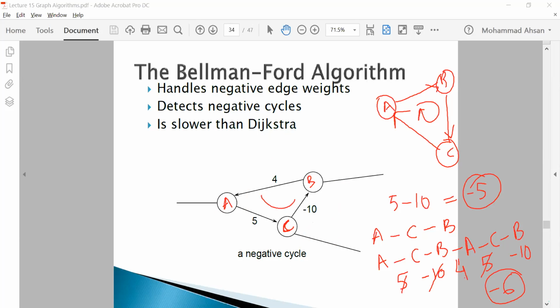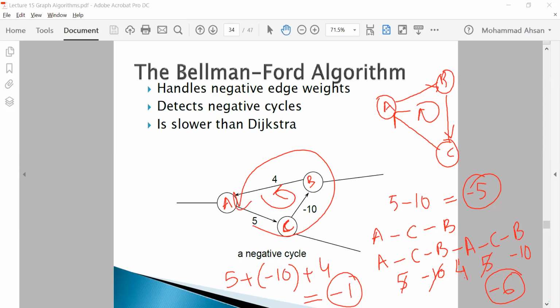Why? What is the cost of going around in this cycle? It is 5 plus minus 10 plus 4, which is minus 1. So every time you loop around, my whole path weight will reduce by 1. If I keep on going round and round, my smallest distance will always keep reducing by 1.